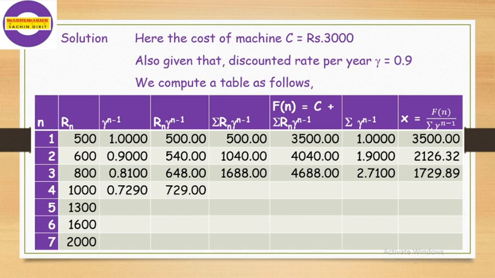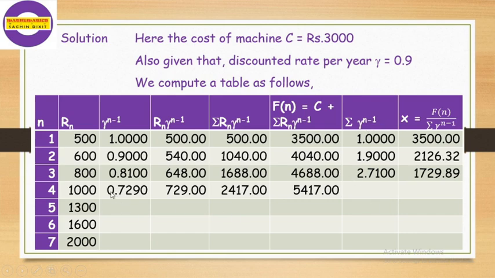Now we add this 729 to 1688, we get 2417. Then we add the cost of the machine to this, and we get the total cost up to the 4th year, which is 5417. Then the sum of the value of gamma raised to n minus 1.